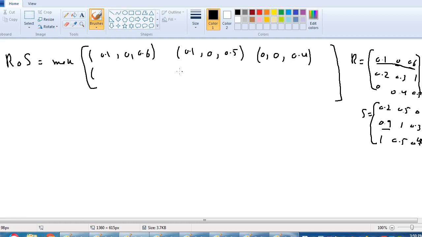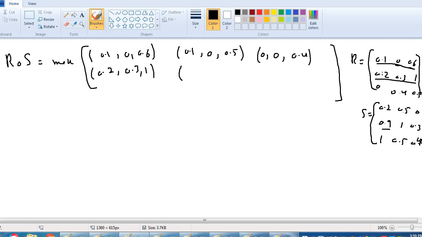Now we go to the second row. We take the second row and take the minimum with all the columns. 0.2 and 0.2, we get 0.2. Then 0.3 and 0.9, we get 0.3. Then 1 and 1, we get 1.